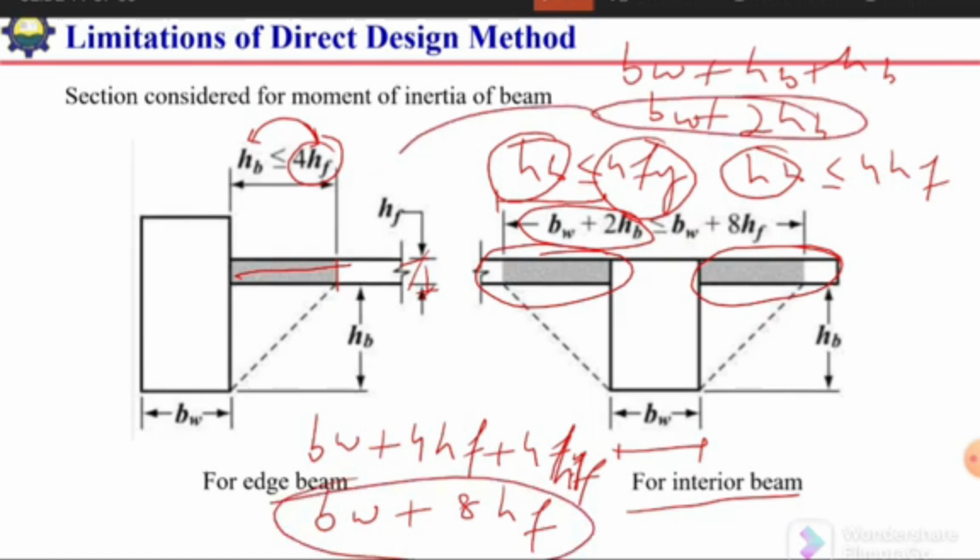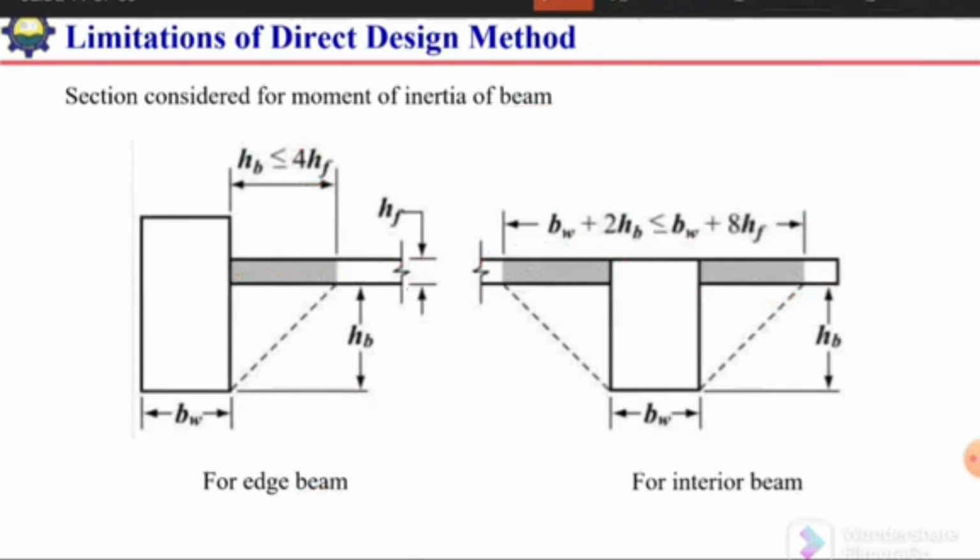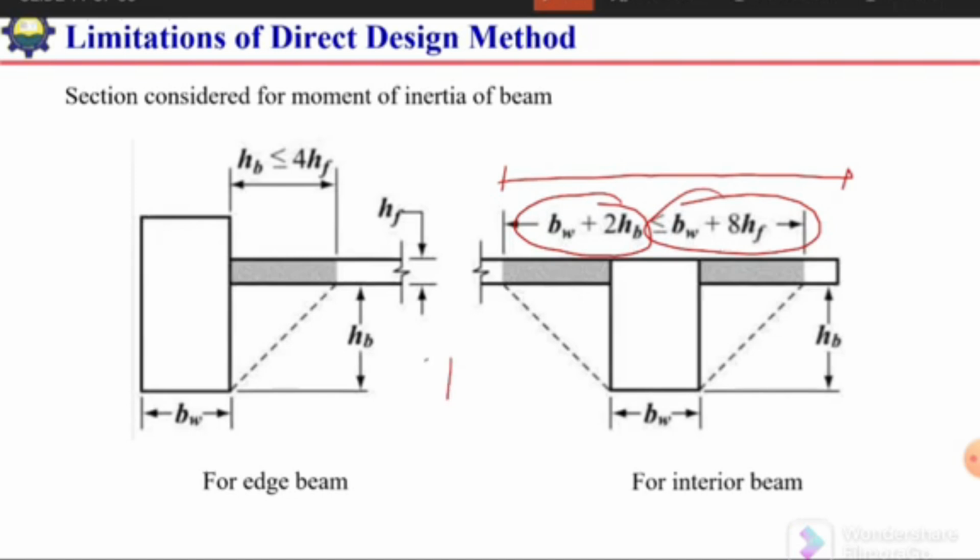We will select the smaller value out of these two. The smaller of these two values will specify the width of the flange of the beam. Once we have this width of flange and the depth of beam, then we can calculate IB.